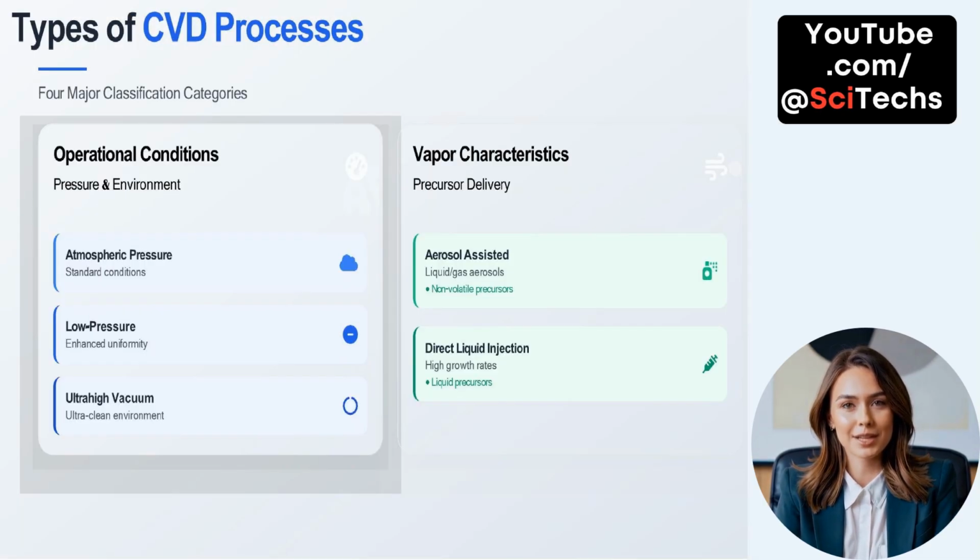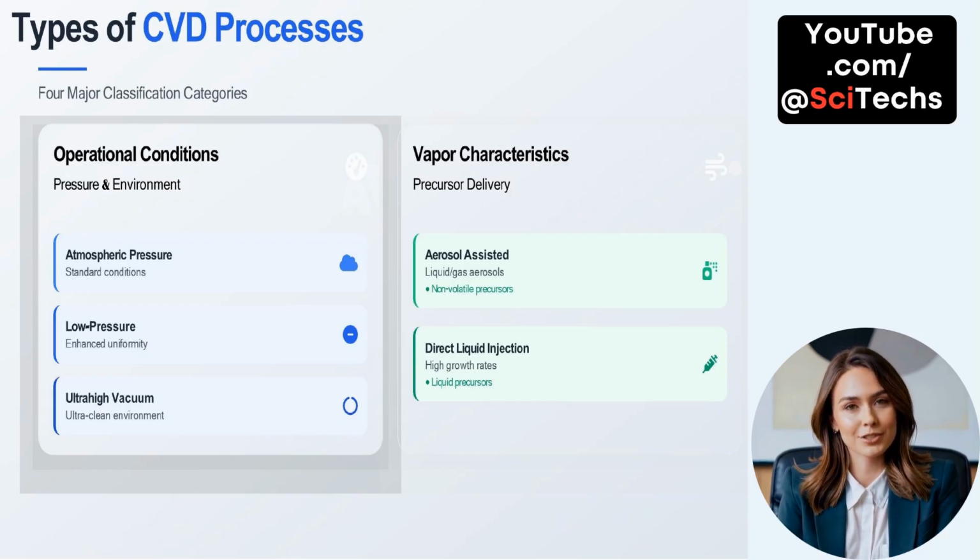Types of CVD processes. Chemical vapor deposition, or CVD, processes are classified based on two main factors: operational conditions and vapor characteristics. Starting with operational conditions, we have atmospheric pressure CVD, which takes place under standard pressure conditions and is widely used for its simplicity.